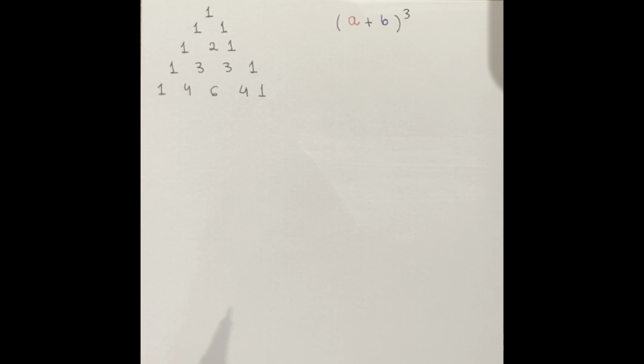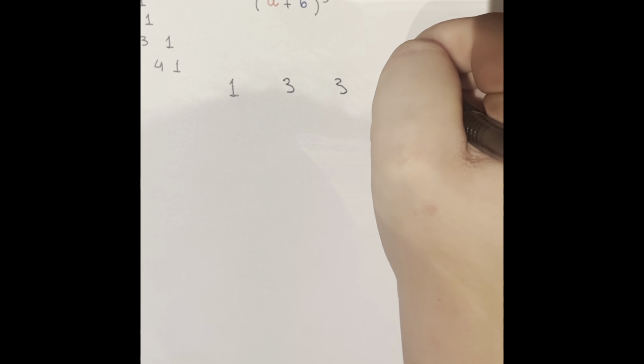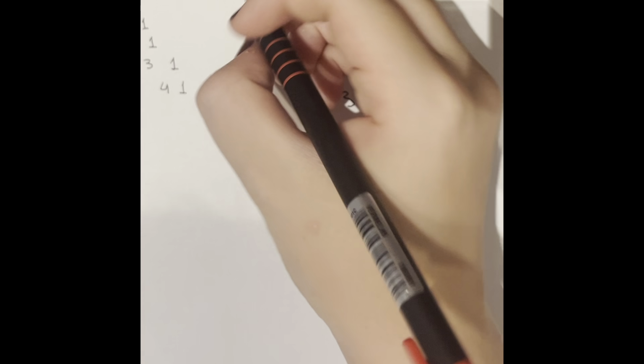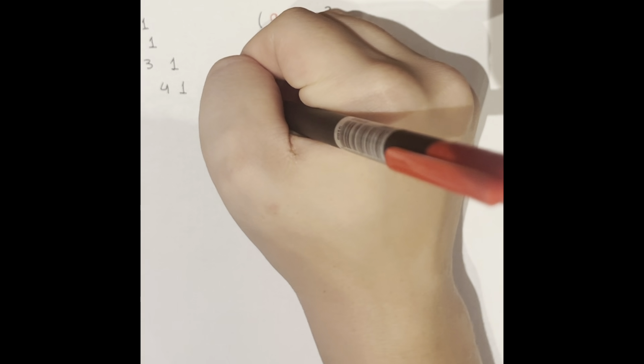Here we have row 3, which we will be using, and this will be 1, 3, 3, 1. So this would be a to the third, b to the 0. Remember, highest possible, lowest possible, because here the highest possible term is 3.